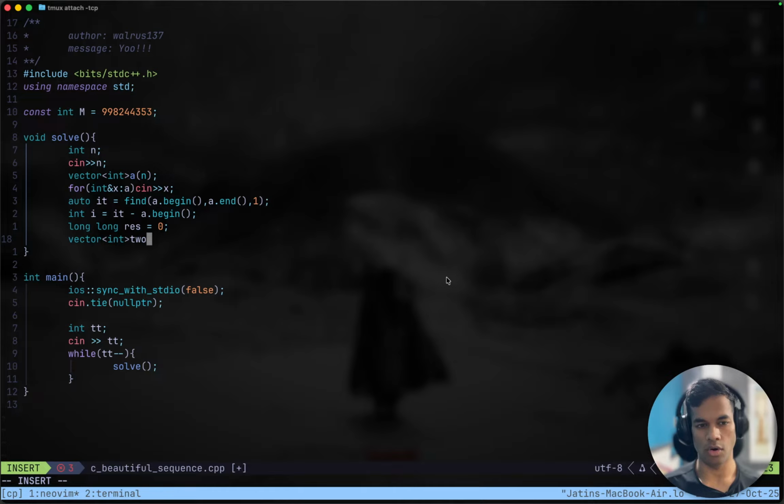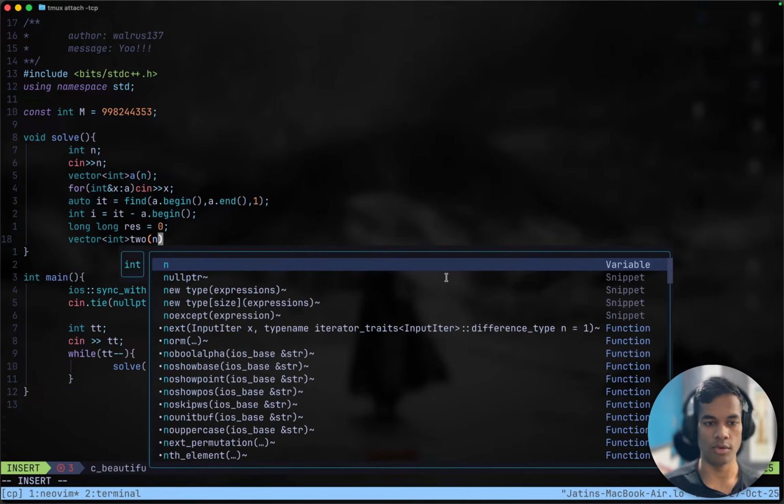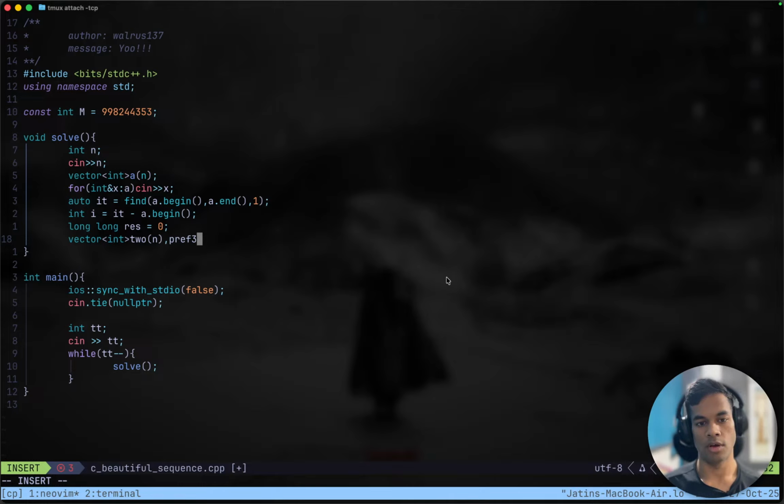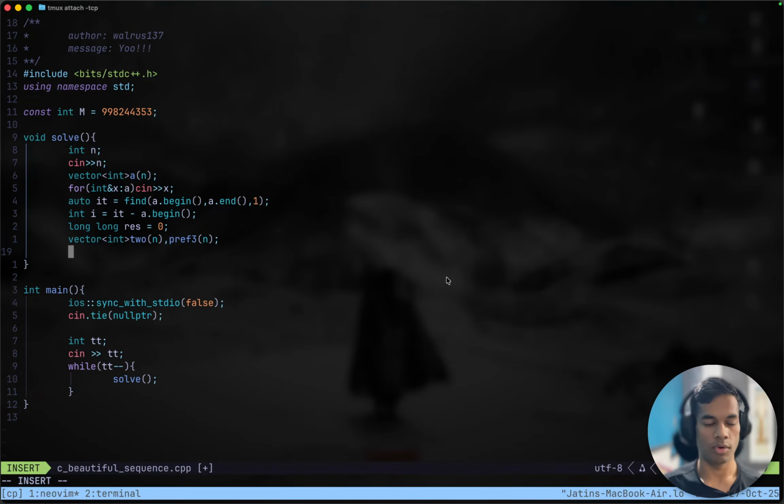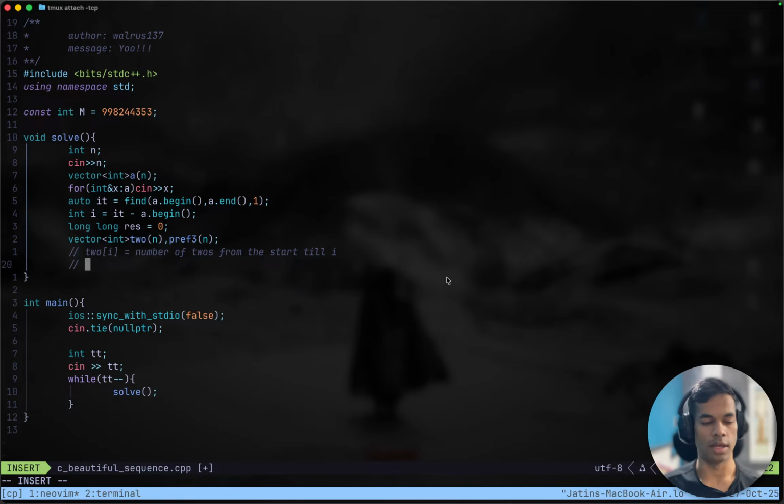We'll have a vector called 2's, whose size will be n, and initially every value is equal to 0. And we'll have a prefix of 3's, whose size would also be n. And what this is, 2's i is the number of 2's from the start till i. That makes sense.